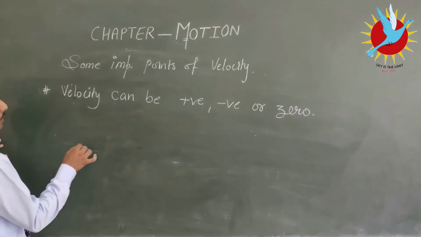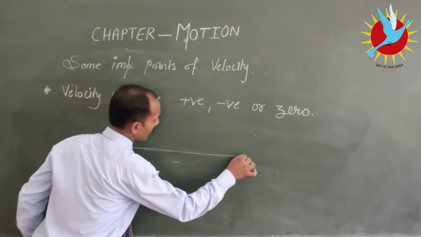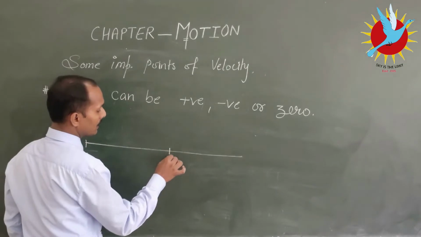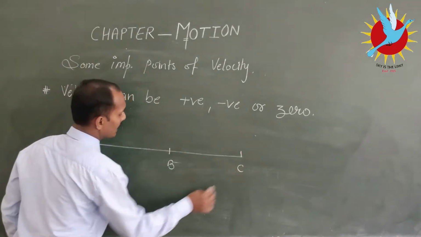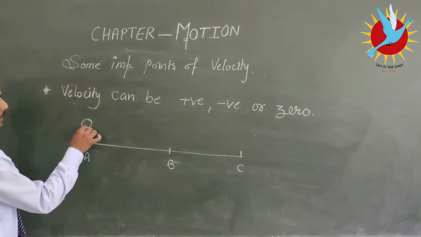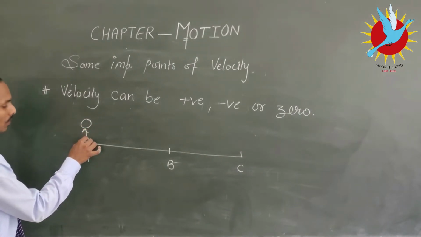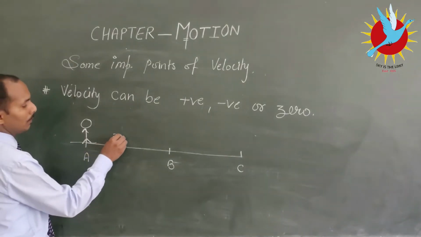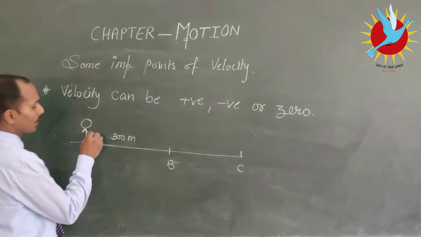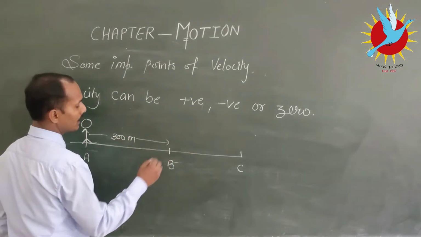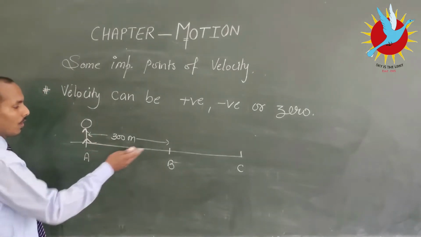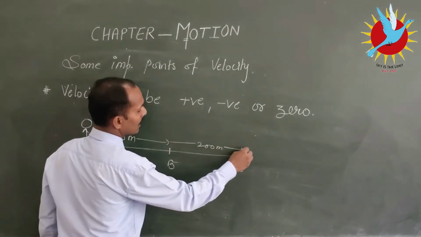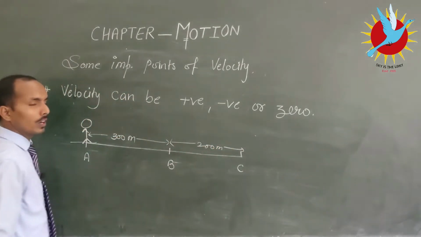Suppose this position is A, this is B, and this position is C. A person starts his walk from A and covers 300-meter distance along east, and again 200-meter distance from B to C, along a straight line.